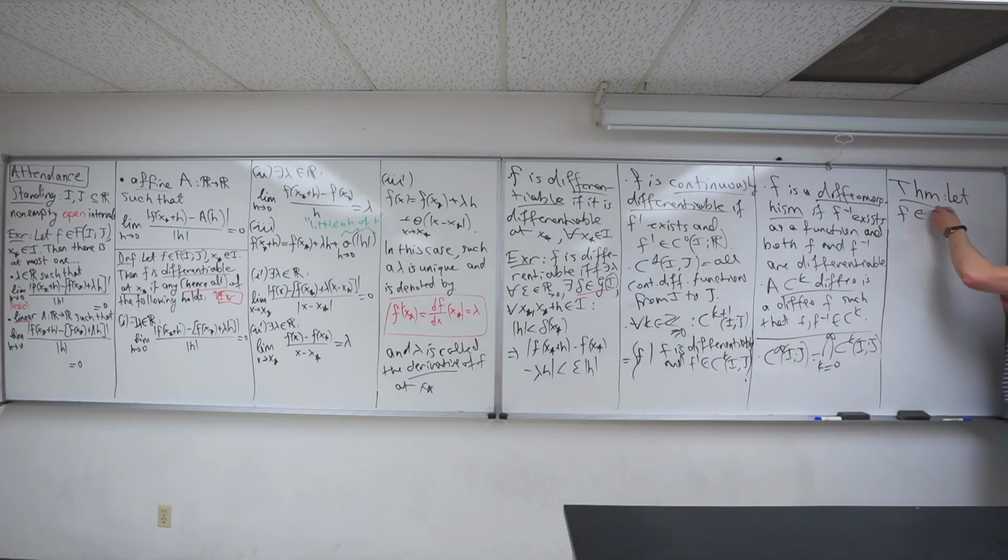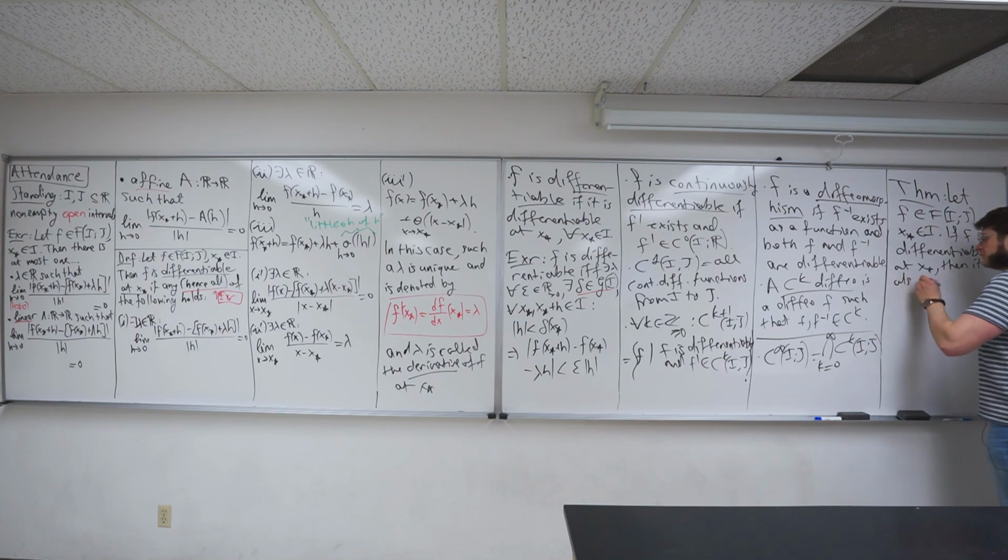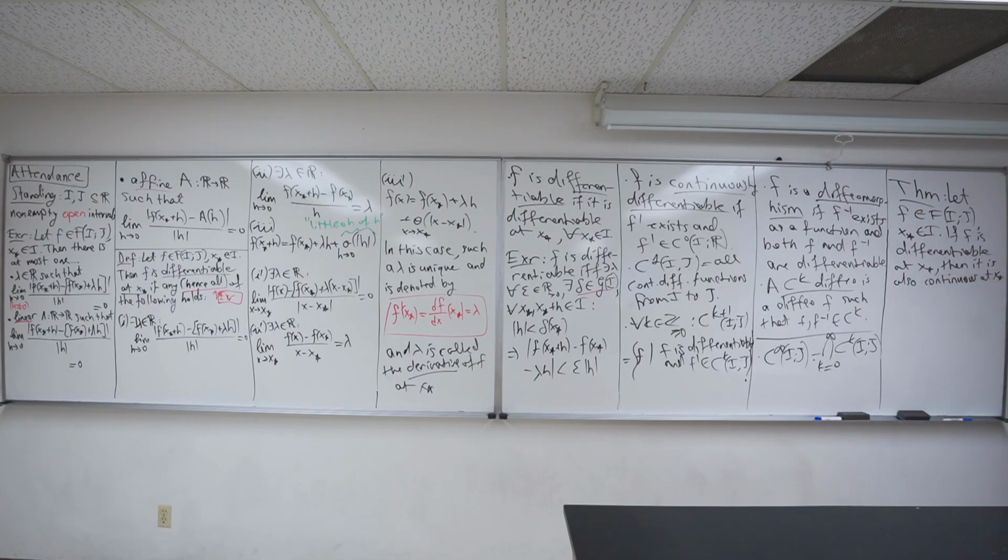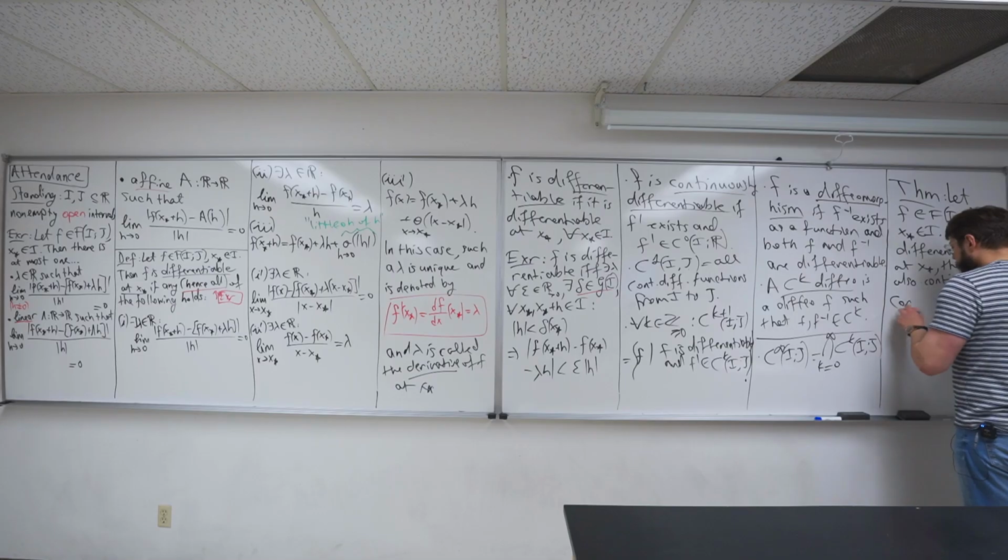Let f be a function and x star be a point in I. If f is differentiable at x star, then it is also continuous at x star. Consequently, I'll write it as a corollary.